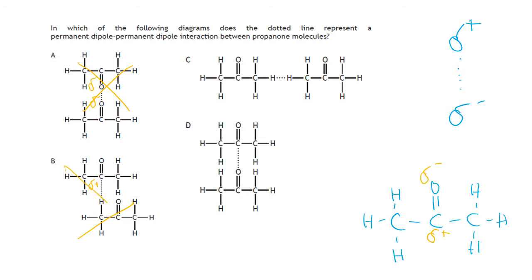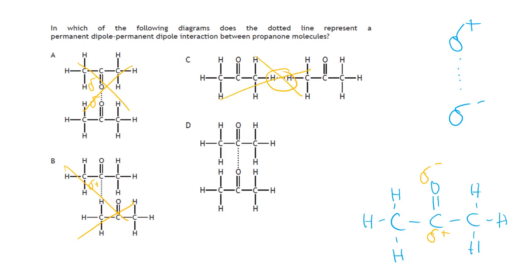So that one is automatically ruled out because it's not between a delta positive and a delta negative. It's delta positive to something that's not delta anything. Same with C, we've got hydrogen to hydrogen. Those are not positive or negative, so that's eliminated.